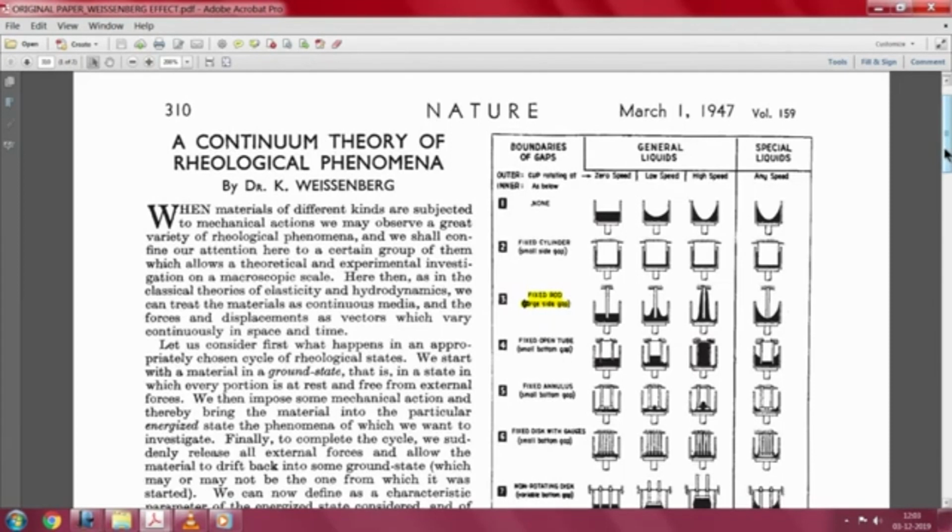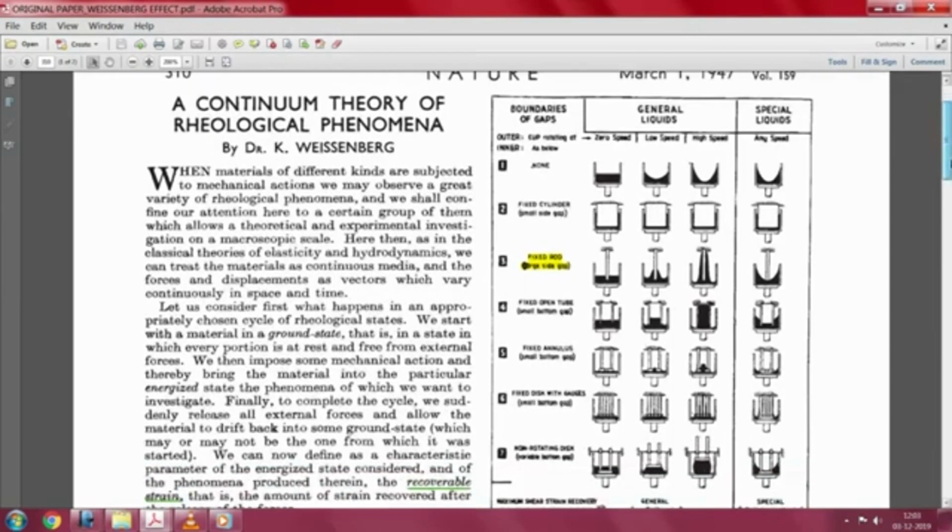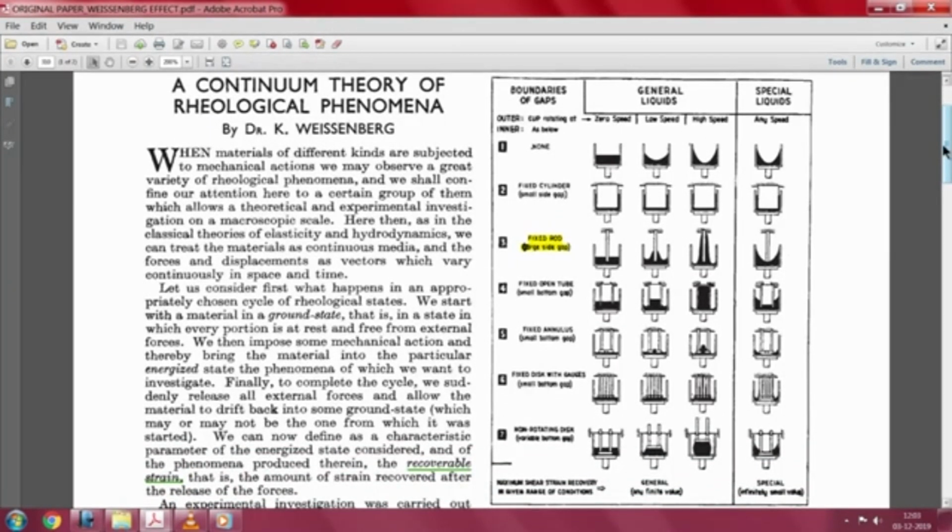It was published in Nature in 1947, and Weissenberg says that when materials of different kinds are subjected to mechanical actions, we may observe a great variety of rheological phenomena, and we shall confine our attention here to a certain group of them, which allows a theoretical and experimental investigation on a macroscopic scale. Here then, as in the classical theories of elasticity and hydrodynamics, we can treat the materials as continuous media and the forces and displacements as vectors which vary continuously in space and time.